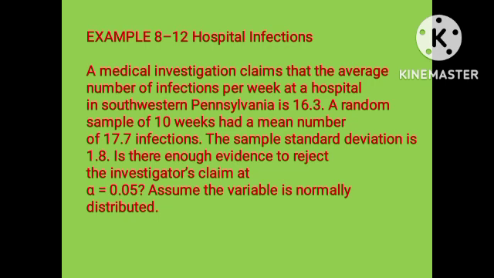A random sample of 10 weeks had a mean number of 17.7 infections. The sample standard deviation is 1.8. Is there enough evidence to reject the investigation's claim at alpha equals 0.05? Assume the variable is normally distributed.